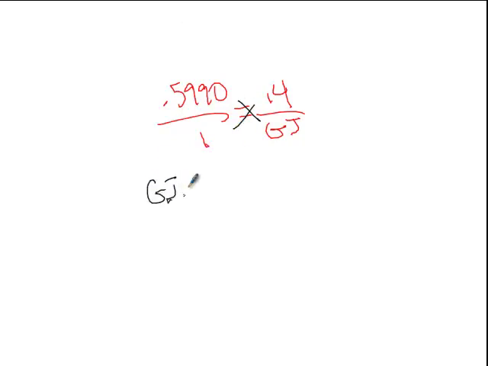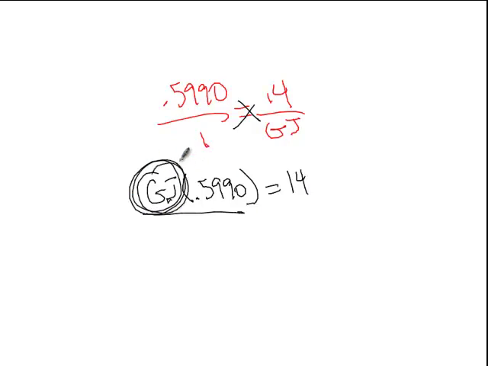I get 0.5990 over 1 equals 14 over GJ. When I cross multiply this, I get GJ times 0.5990 equals 14 times 1, which is just 14. Then I'm going to solve for GJ by doing the inverse of this function. This is a multiplication, so I'm going to do the inverse, which is division. 0.5990, divide both sides.